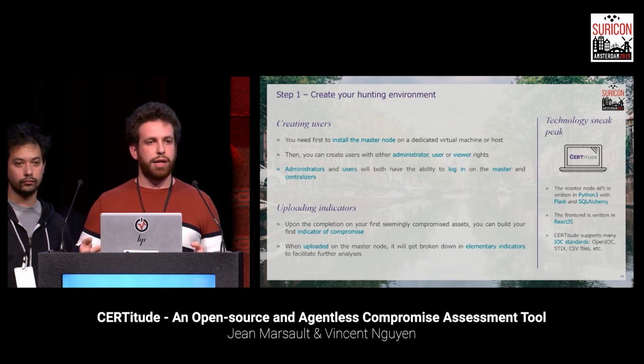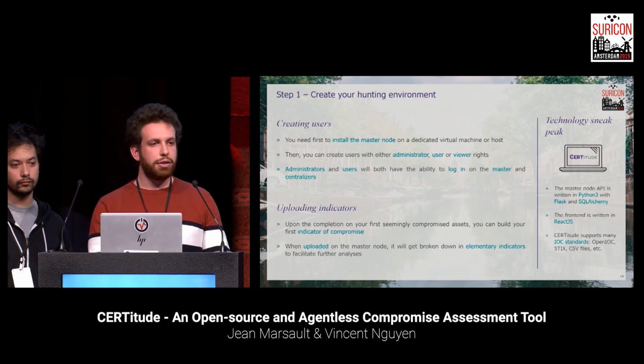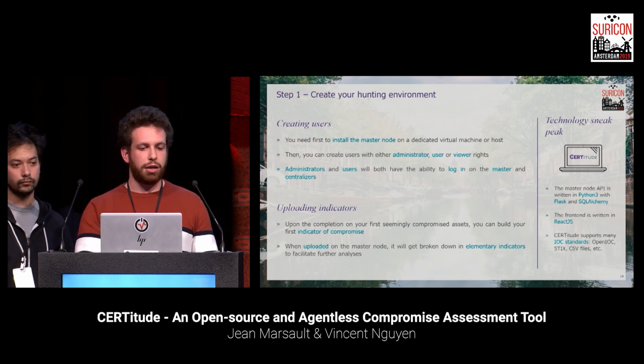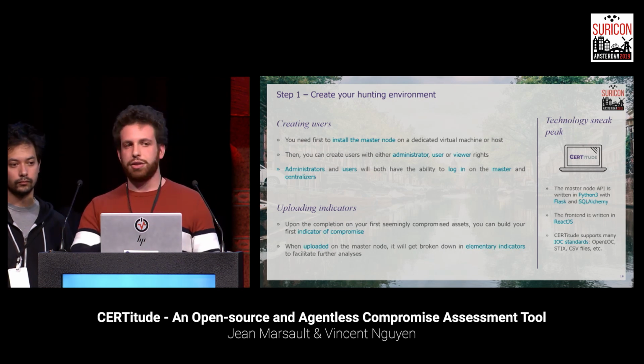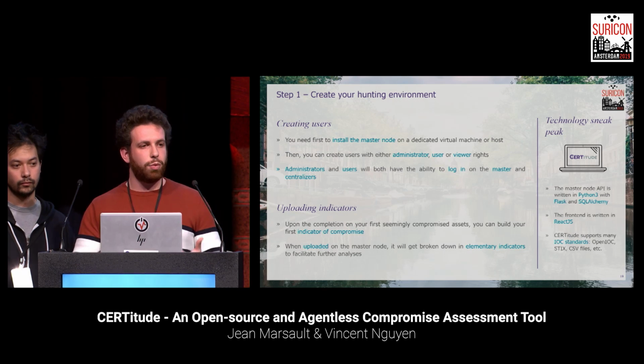Mainly, you will have to add users on the master node, and there will be 3 types of users, at least for now. You will have the administrator, who can manage everything from the master node to the centralizer nodes. You will have the viewer. The viewer will be able to see what happens on the master and on the centralizer.